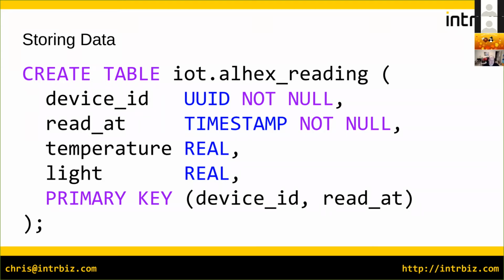We have a table with 4 columns, 2 of those columns being the primary key. We've got some notion of a device identifier. We also have a timestamp where data was collected. And then we have the data points we're capturing. For this particular device, it's got a temperature sensor on board and a light sensor, and we receive those readings, say, every 5 minutes or whatever our interval is.